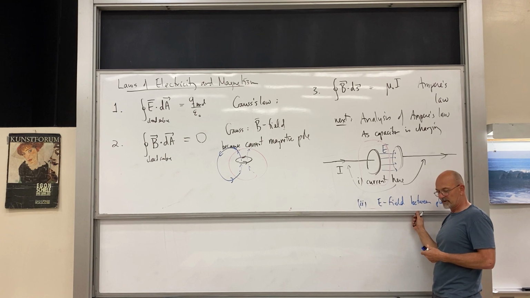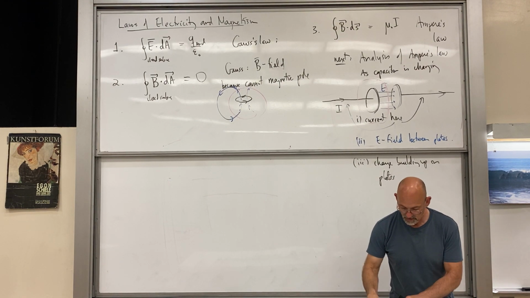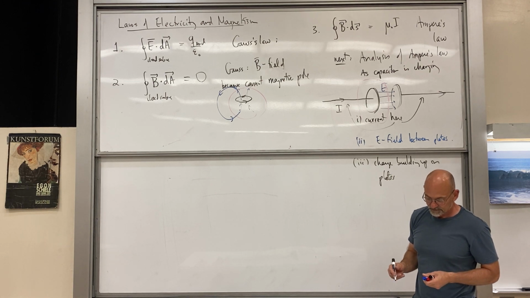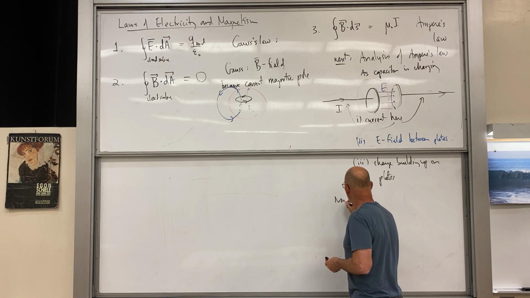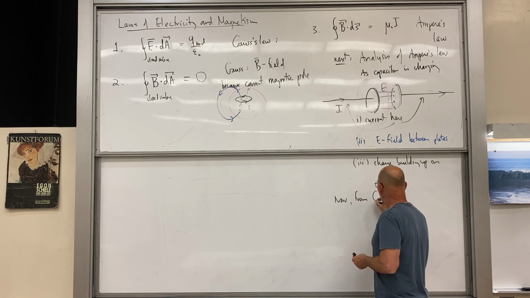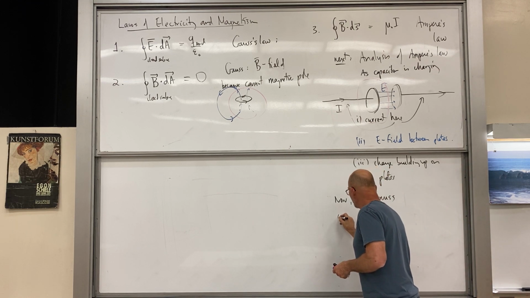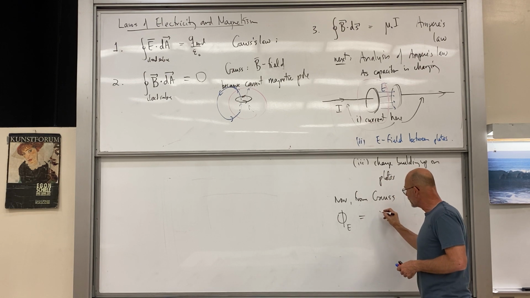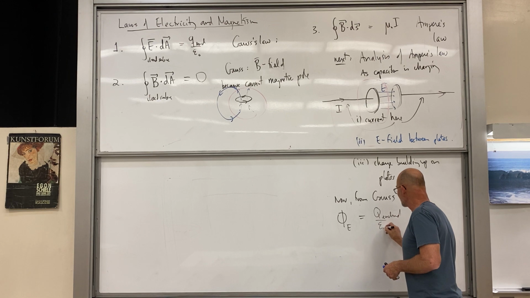So let's write the following. Now, from Gauss's law, the original one, we have phi sub E is equal to Q enclosed over epsilon naught.